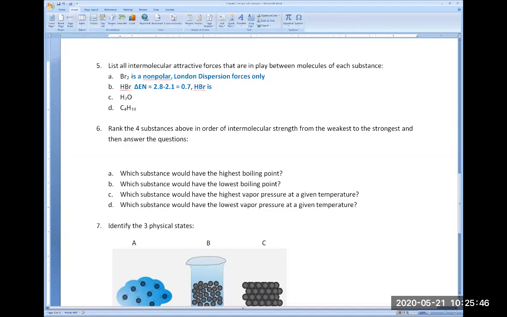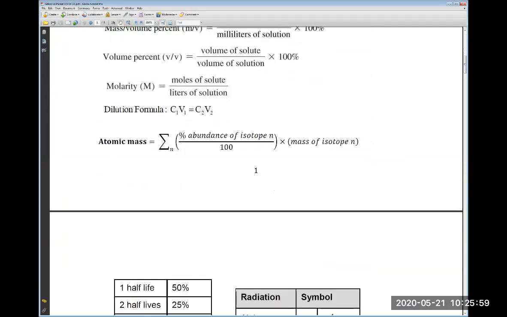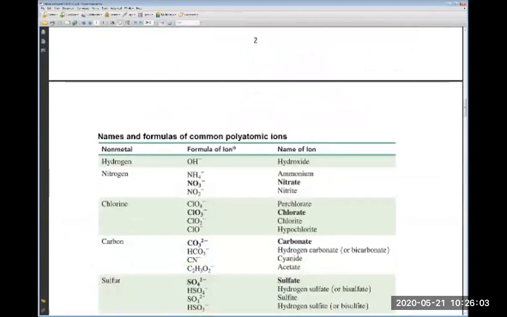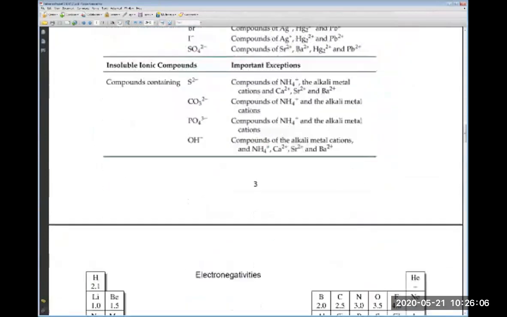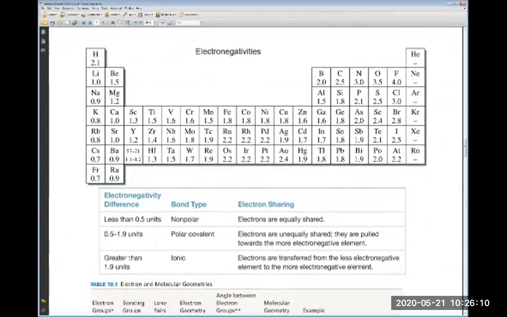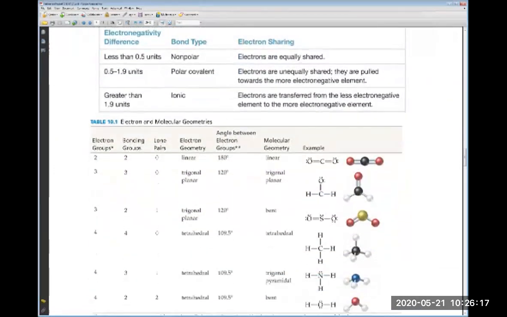Are you sure? If you look at this reference, yes, no worries. You need to have this page of electronegativities and the page of electronegativity difference, and also the shapes of molecules will be helpful here.